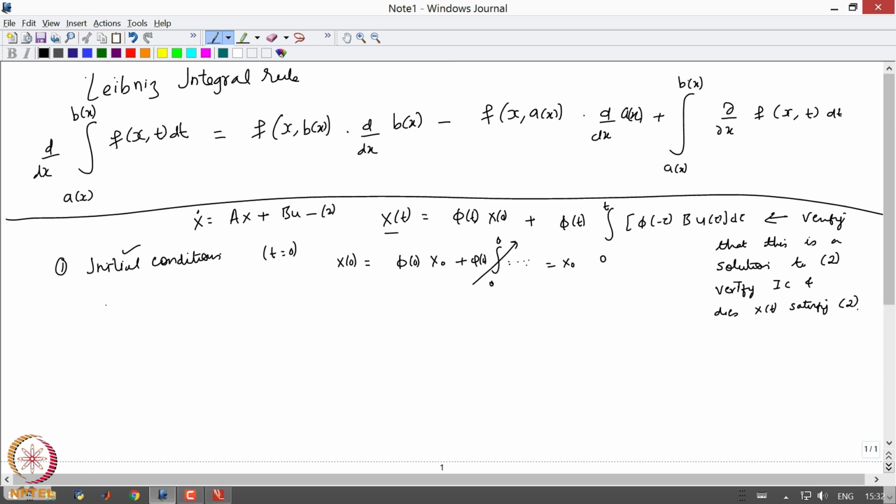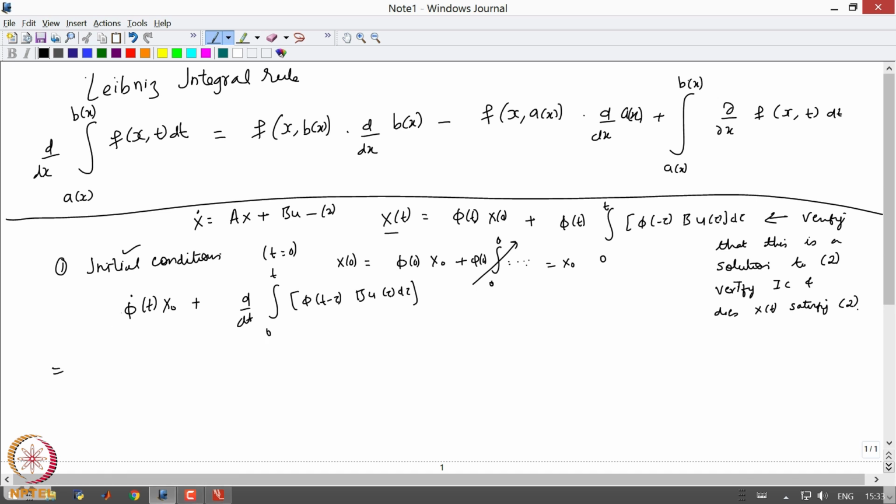I have the first term phi dot of t x naught, plus d over dt of the integral from 0 to t, just getting phi inside for a while, phi of t minus tau B u(tau) d tau.